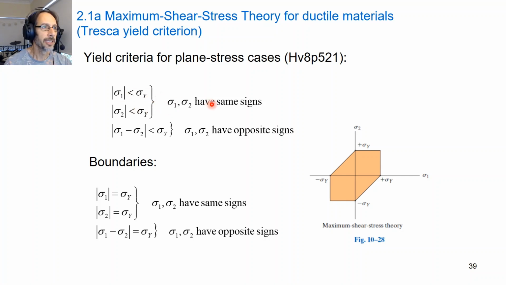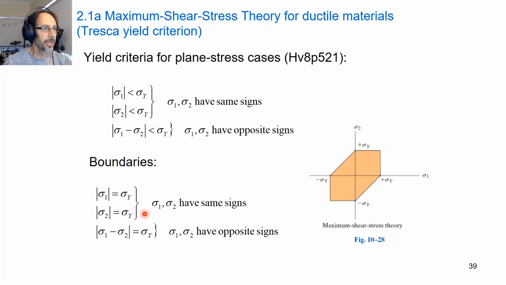If they both have the same signs, then the yield criterion is that either of the two normal stresses has to be less than the yield stress. If the principal stresses have opposite signs, then we have a different equation. Okay, so stress 1 minus stress 2 has to be less than the yield stress.